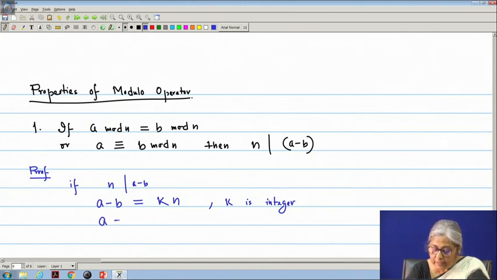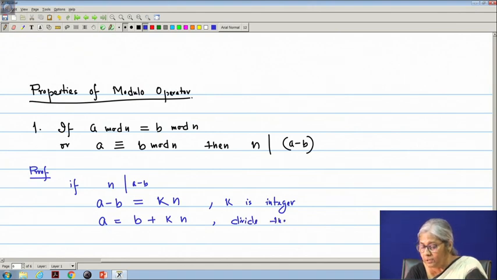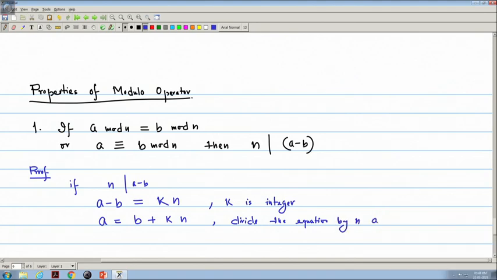So, a equals b plus kn. Now, this equation, I divide by n and take the remainder.